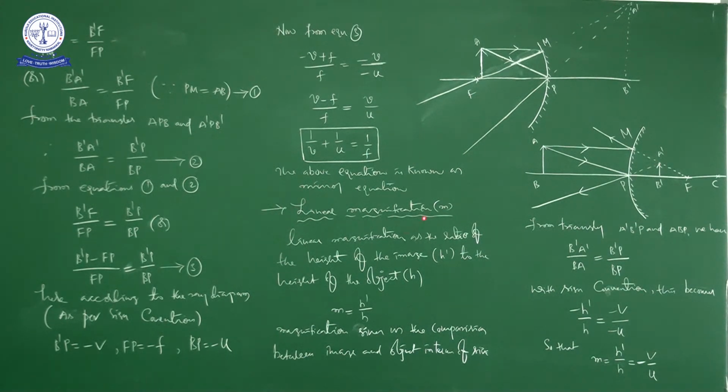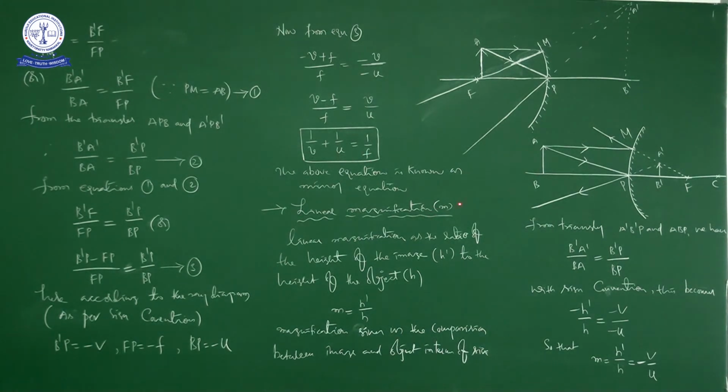Now, after completion of this, linear magnification. Just before going to discuss linear magnification, we derived an expression for the mirror equation, that is 1/V plus 1/U is equal to 1/F. Next, linear magnification.